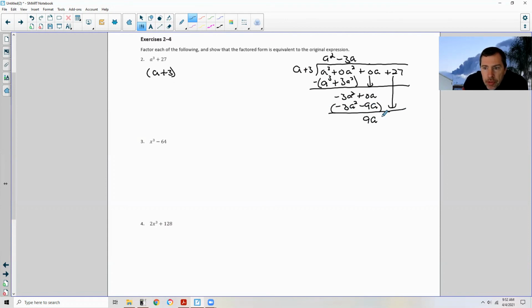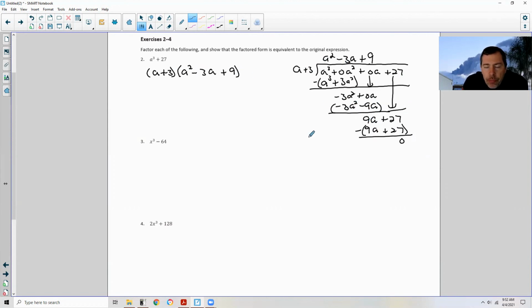And bring down the plus 27. And 9a divided by a is 9. So I get 9a. And 9 times 3 is 27. And when I subtract, I get a remainder of 0. So the other factor is a squared minus 3a plus 9.